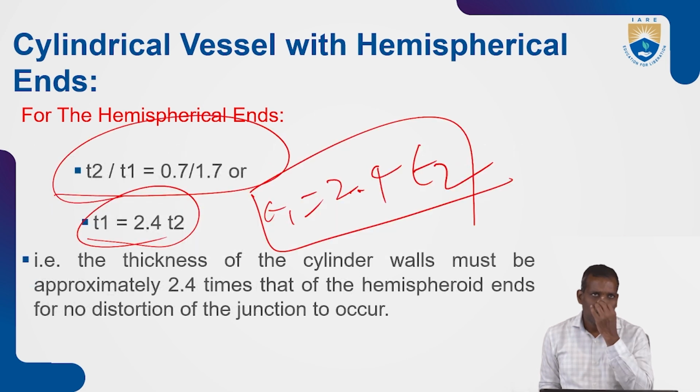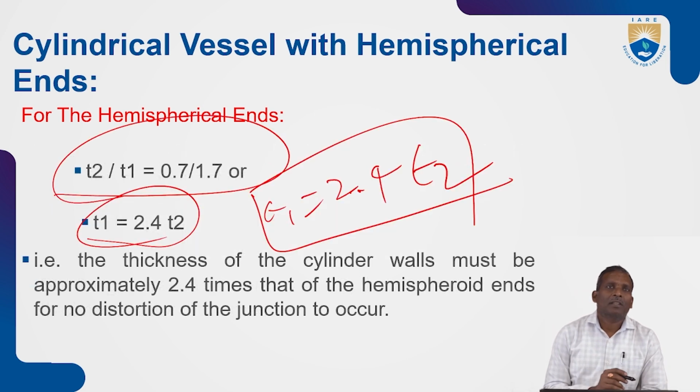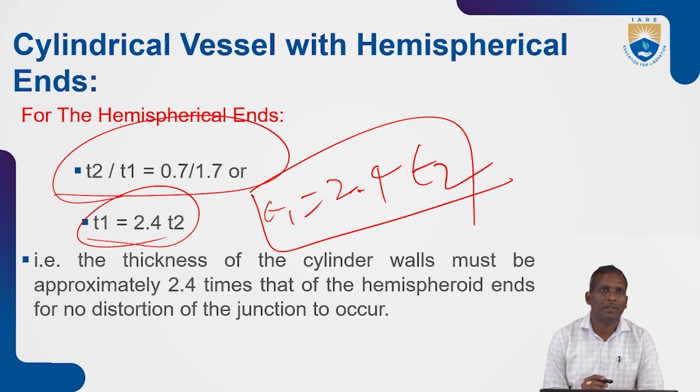Clear? So the thickness of the cylinder walls must be approximately 2.4 times that of the hemispherical ends for no distortion of the junction to occur.